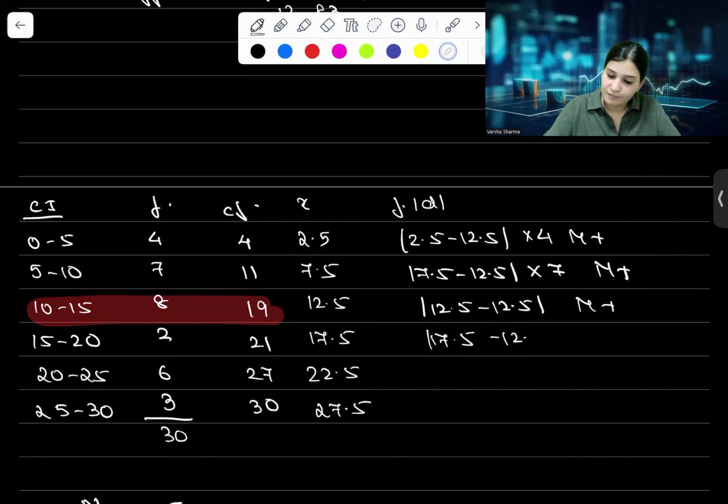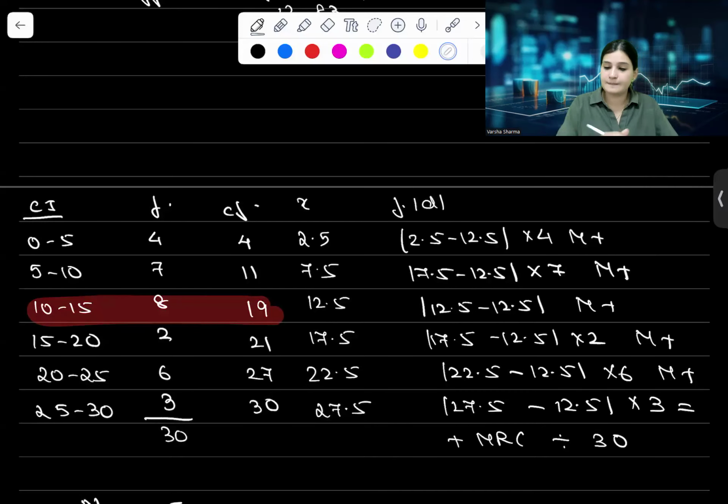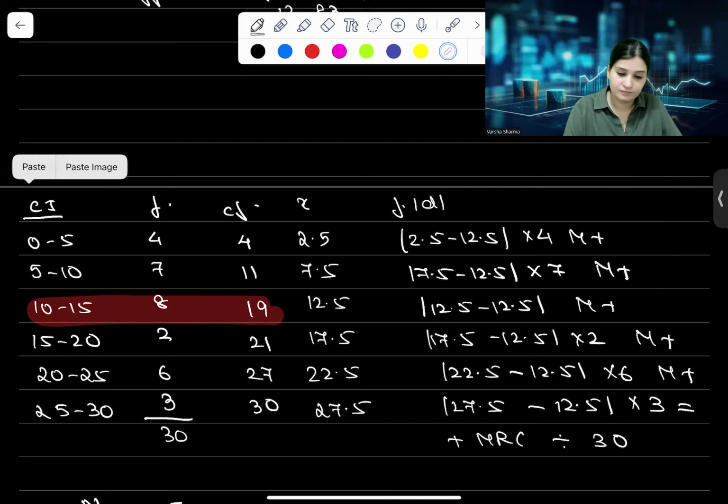17.5 minus 12.5 multiplied by 2 M plus. 22.5 minus 12.5 multiplied by 6 M plus. 27.5 minus 12.5 multiplied by 3, equal, plus MRC, divided by 30. 6.33.